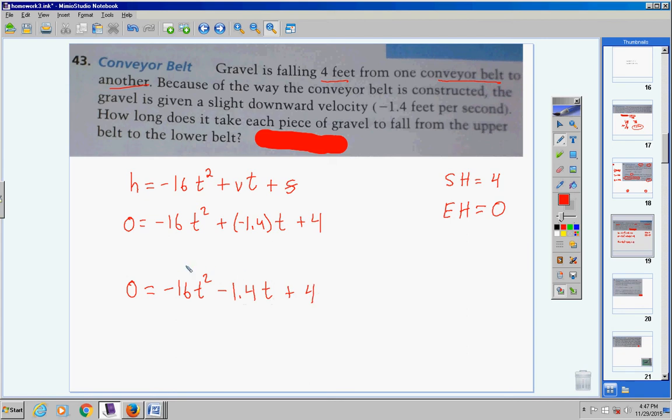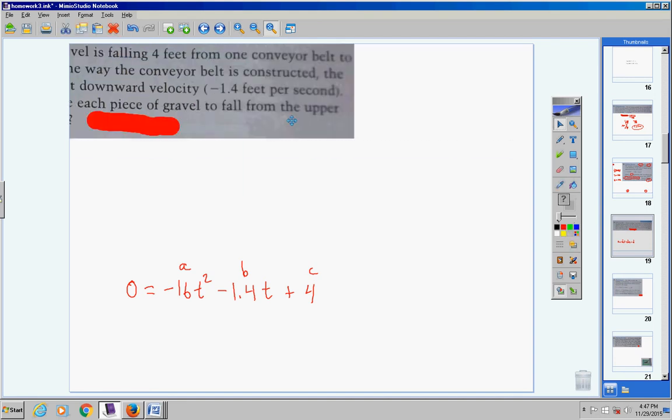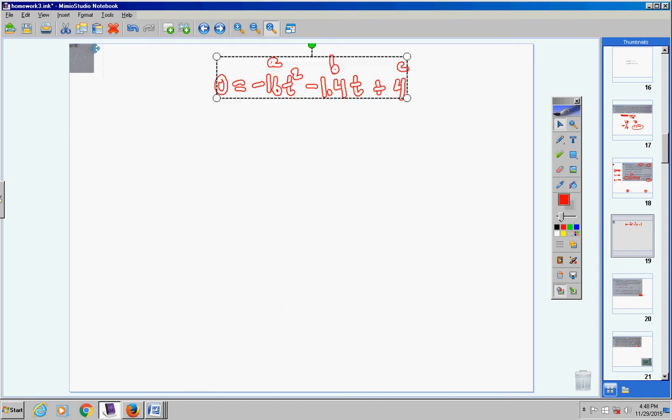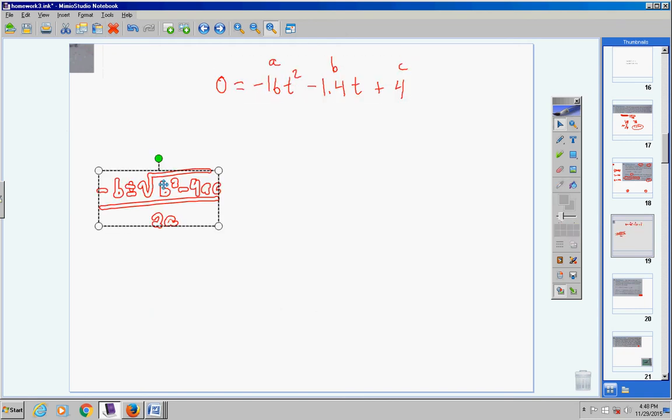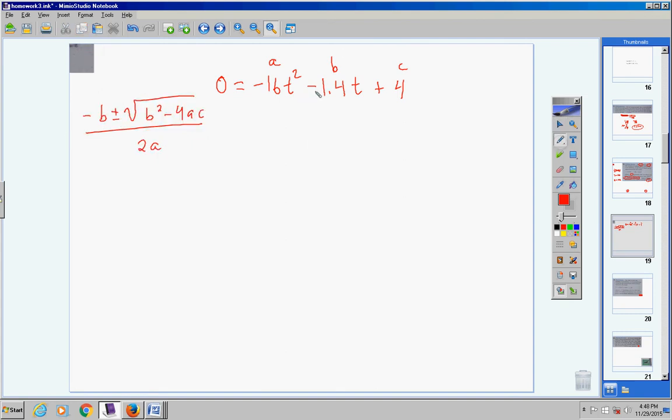Okay, so here's my a, here's my b, here's my c. Alright, so I have a negative, and then my b is already negative, so negative 1.4 is a positive 1.4.